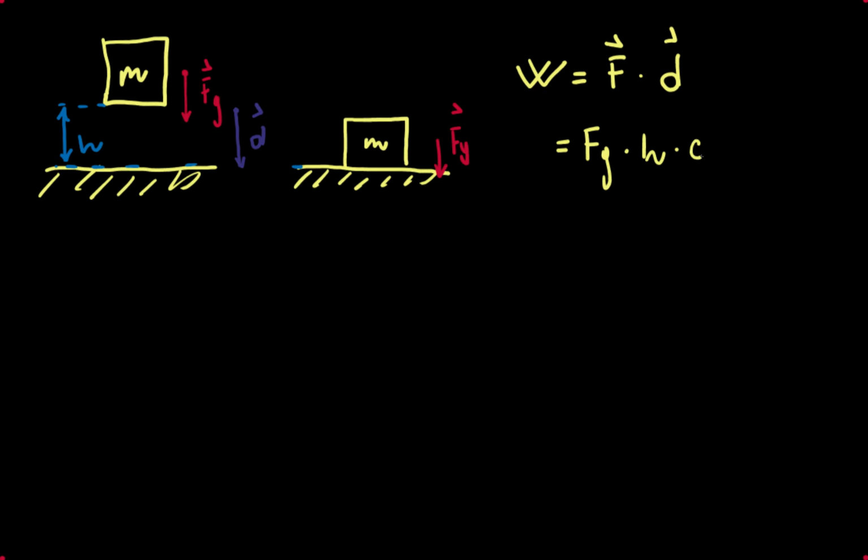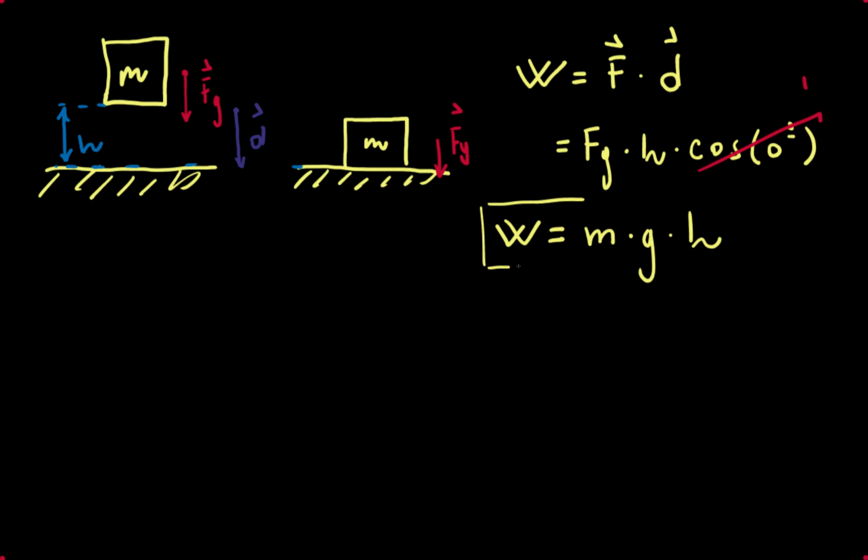The full version has cosine of 0 degrees, because they point in the same direction, but cosine of 0 degrees is just 1. So the work here is mass times gravity times height, okay?